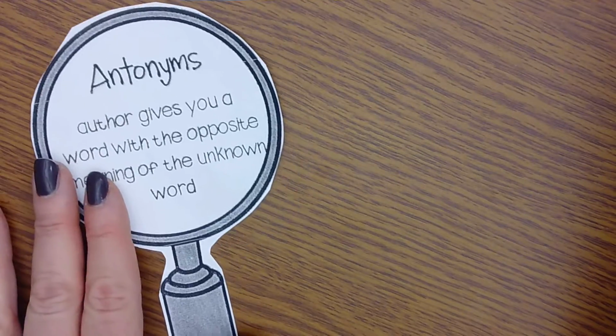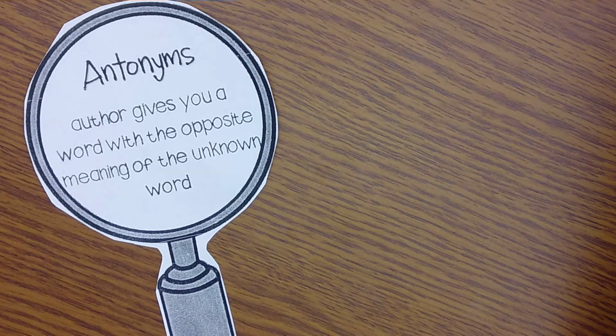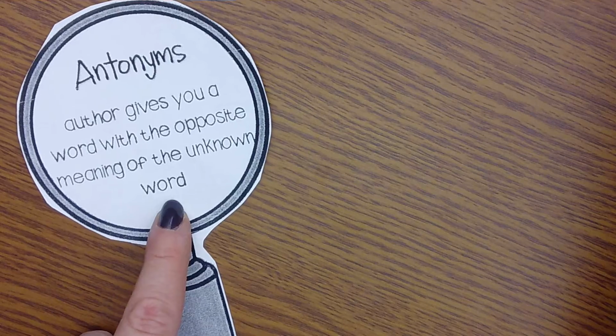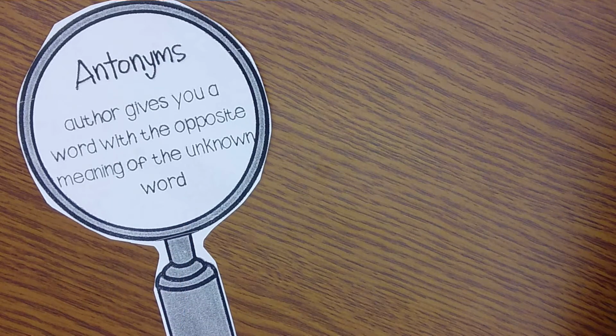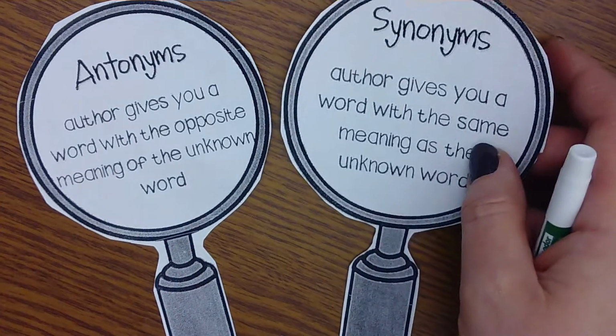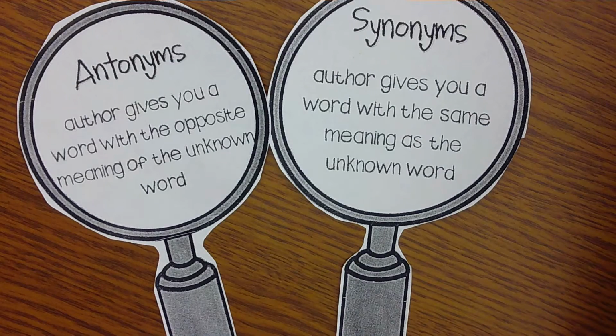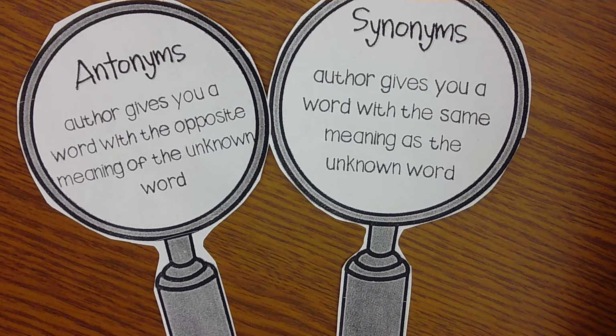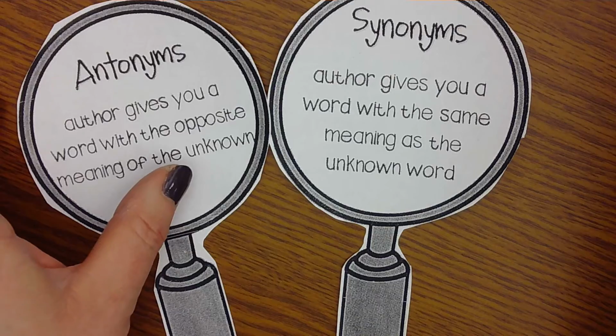Sometimes an author will give you antonyms. The author will give you the opposite meaning of the unknown word, and you will make a connection that way. Or the author might give you a synonym in that sentence or passage, a word that means the same as the unknown word, and that's going to help you figure out the one you're stuck on.